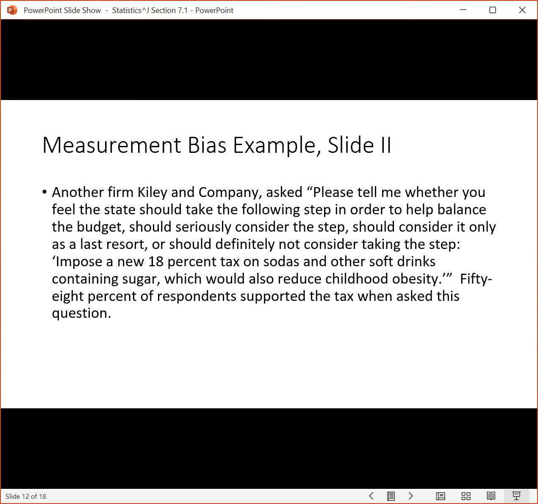Okay, so the idea of measurement bias is: is the survey question asked in such a way that it would influence or mislead the individual that's being surveyed? And the answer is that both of these would actually have measurement bias, assuming the goal is to focus on the tax as far as its effect on obesity.